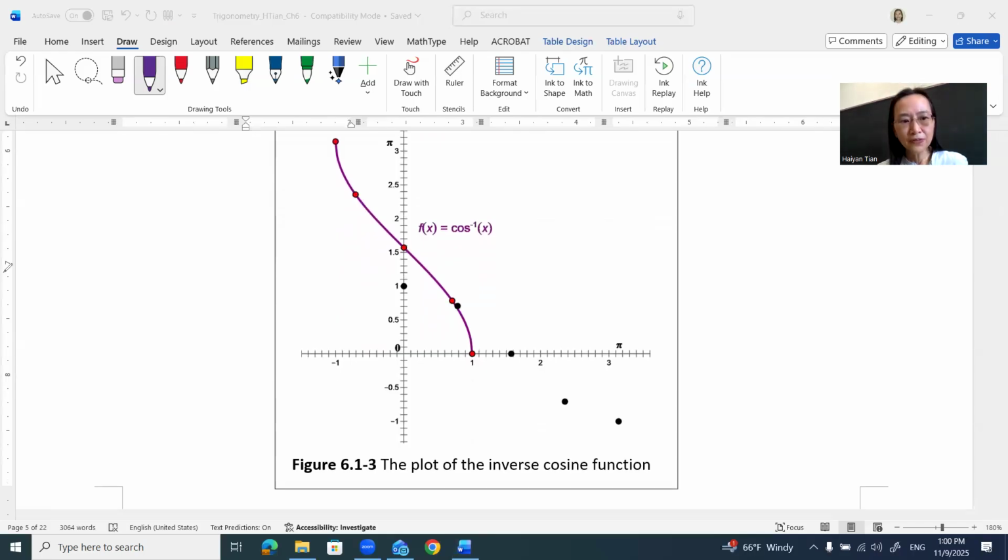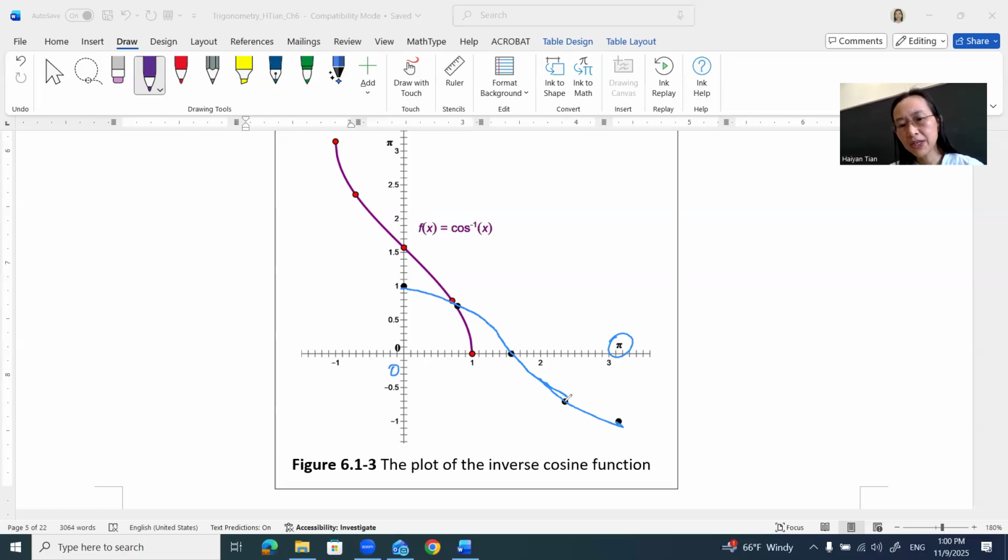Before we plot the inverse, you see the black points. These are the points of cosine. This branch is the cosine function over 0 to pi. On this interval, it's decreasing and it is one-to-one. So we reverse from these 5 points, right?